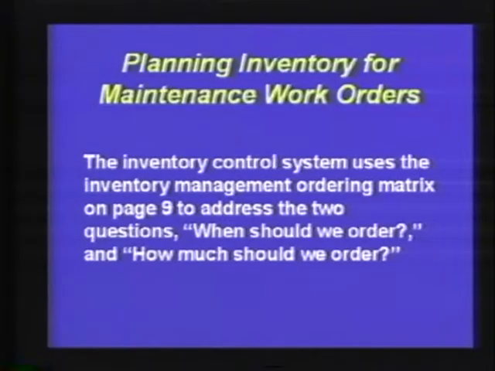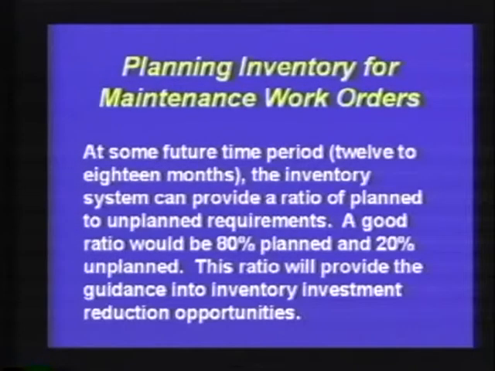And again, the second paragraph indicates that ratio that I talked about, 80% planned and 20% unplanned. And I've also included here that 12 to 18 month horizon. The reason for that, it takes about a year to a year and a half, depending on the size of your organization, to install a PM and a major and minor overhaul program.